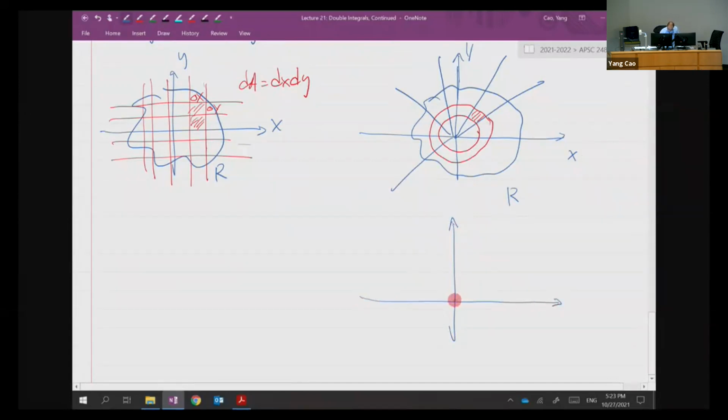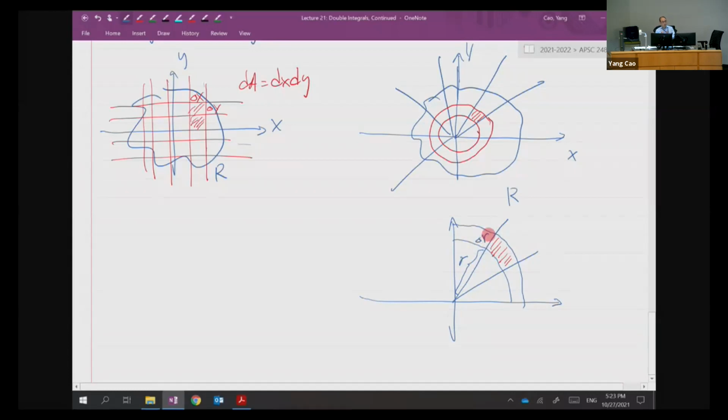I'm going to draw two radial lines like this, and then two circles like that. This is the little patch right here. Suppose that from here to here is r, and then from here to here is delta r.